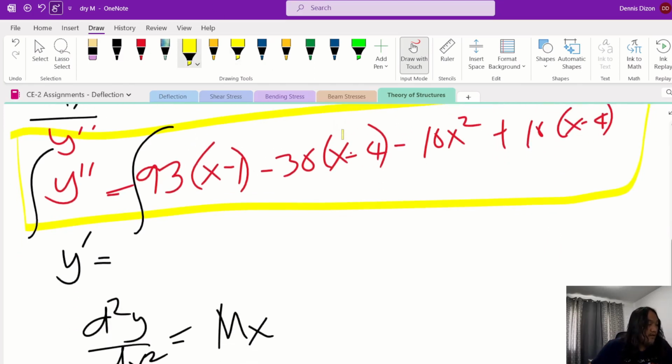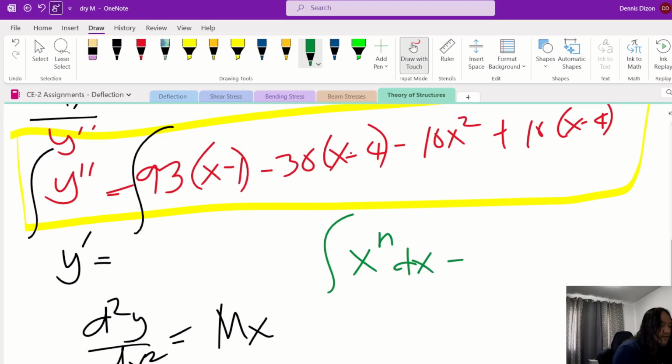So if we have the integral of x to the n dx, the integral of that one is x to the n plus 1 over n plus 1.